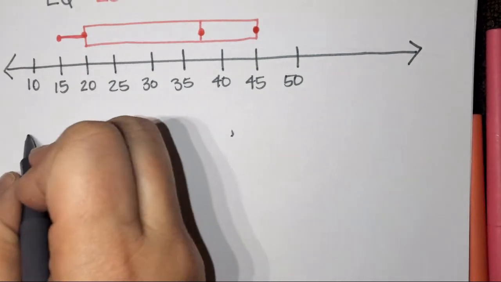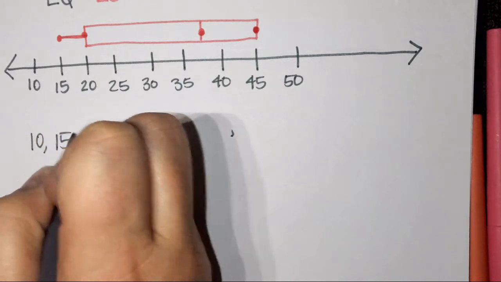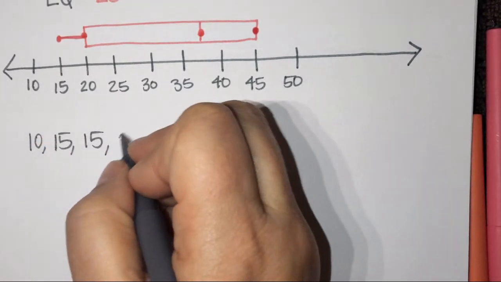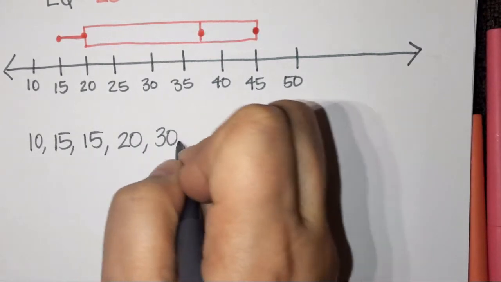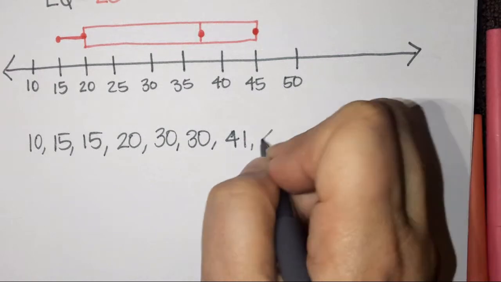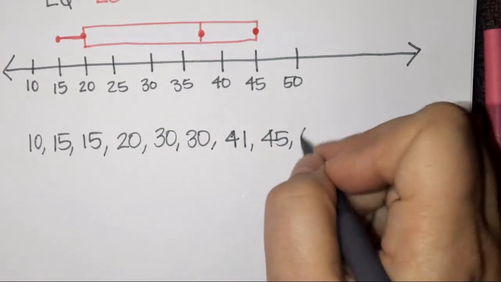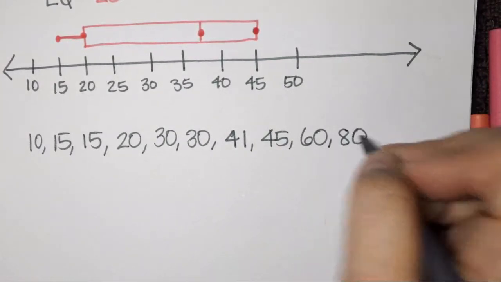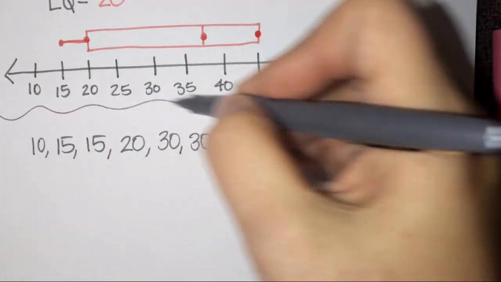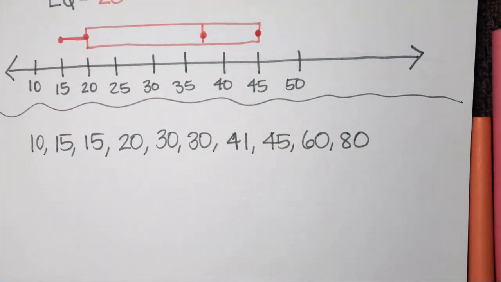So we're going to have 10, 15, 15, 20, 30, 30, 41, 45, 60, and 80. Okay?